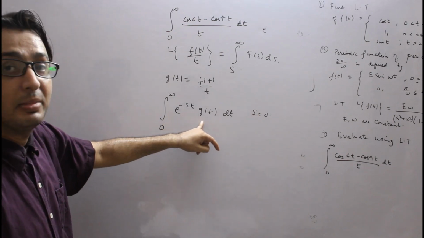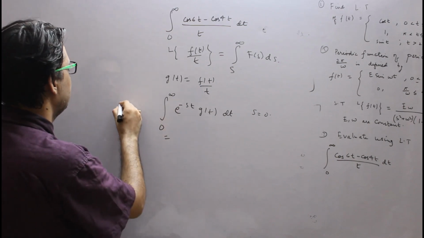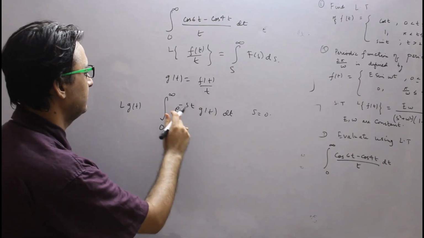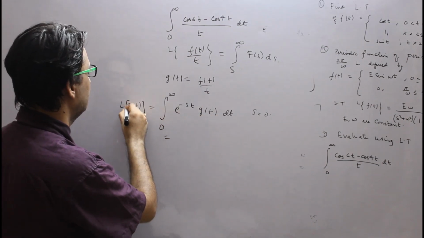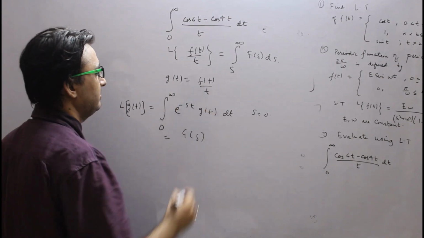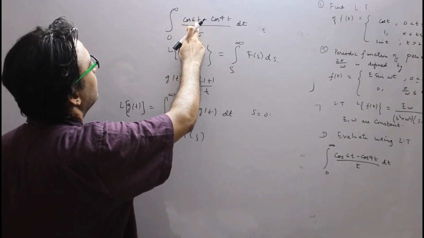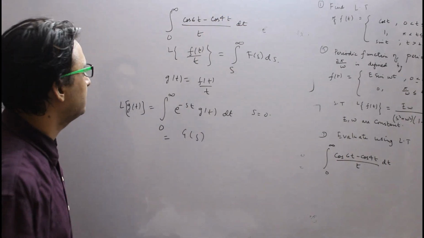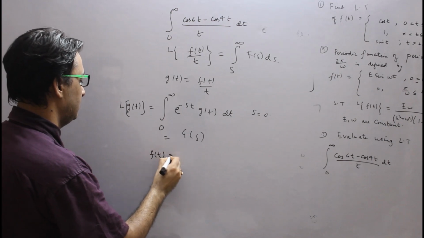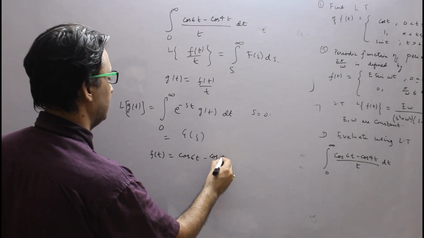So for this we take the Laplace transform. So what is going to happen if we take the Laplace transform? This is the Laplace transform of g of t. Alright, so this is our g of s. So what is f of t? So we are going to use this property. f of t is cos 6t minus cos 4t.